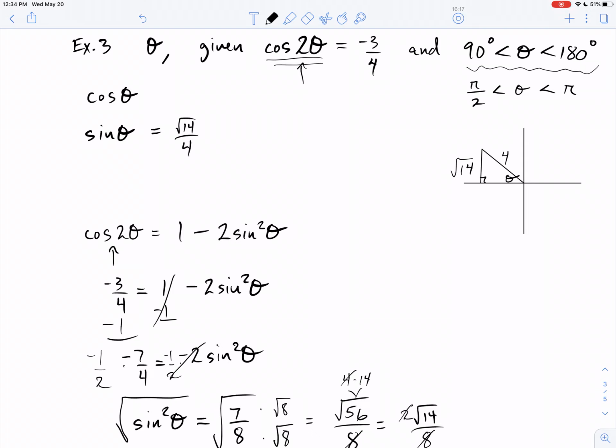Now, if I wanted to, I have two sides of this triangle labeled now. I could do the Pythagorean theorem and say the square root of 14 squared, plus this unknown piece here squared, equals 4 squared.